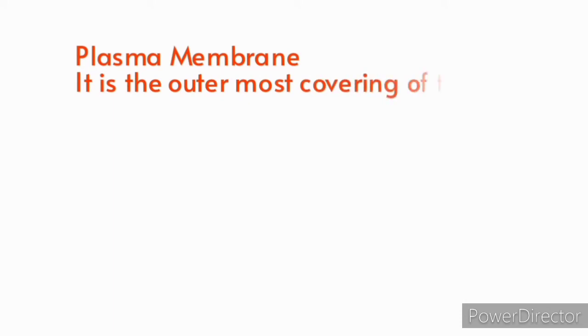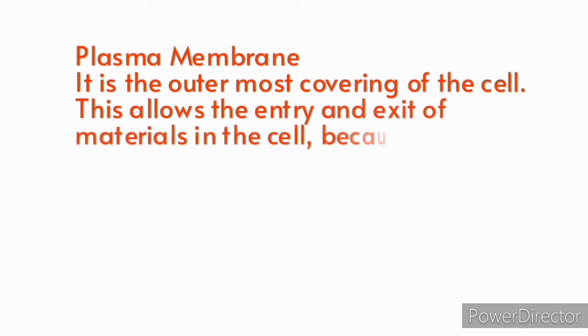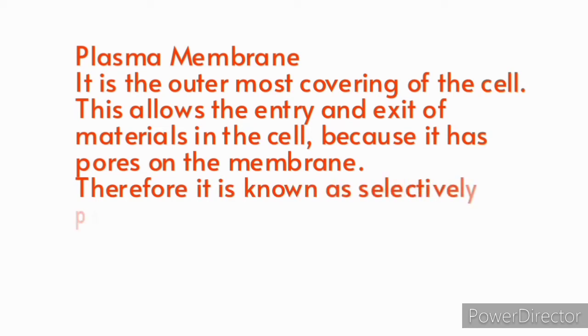Plasma membrane or cell membrane is the outermost covering of the cell. This allows the entry and exit of material in the cell because it has pores on the membrane. Therefore, it is called selectively permeable membrane or SPM.